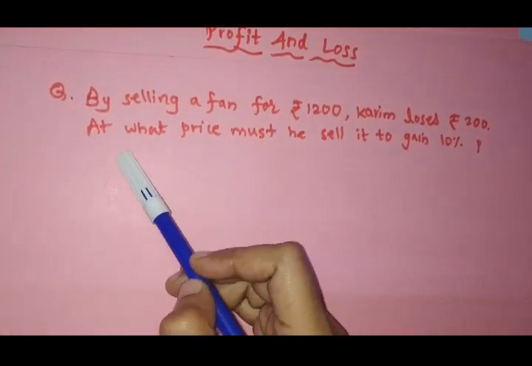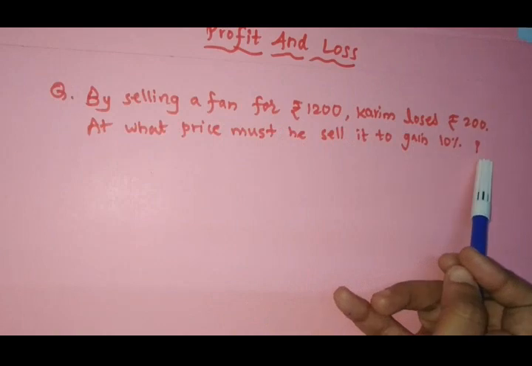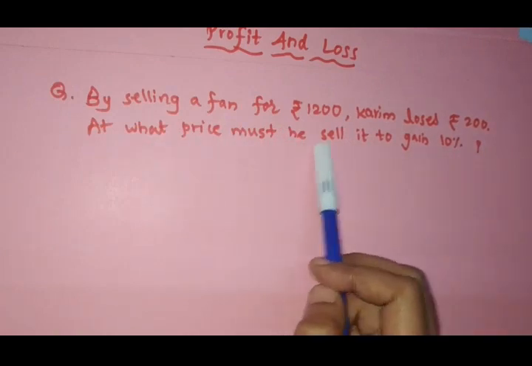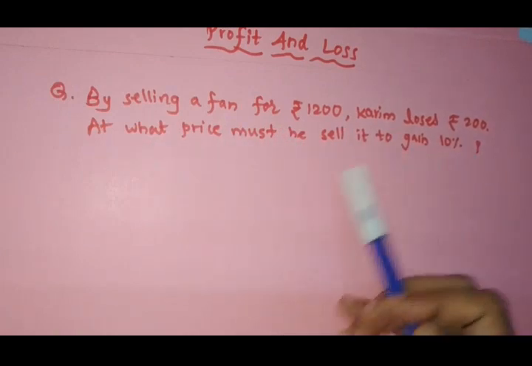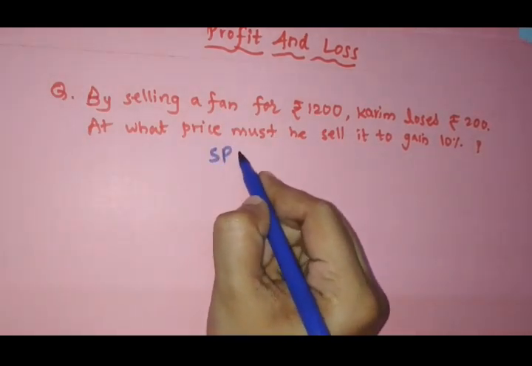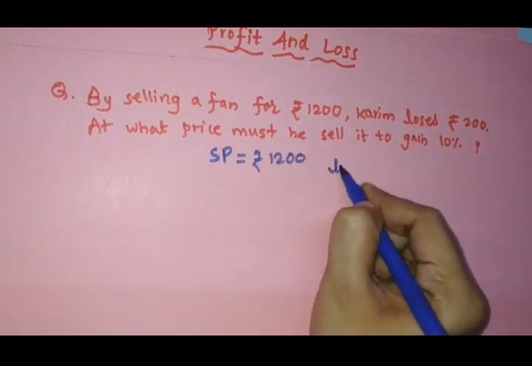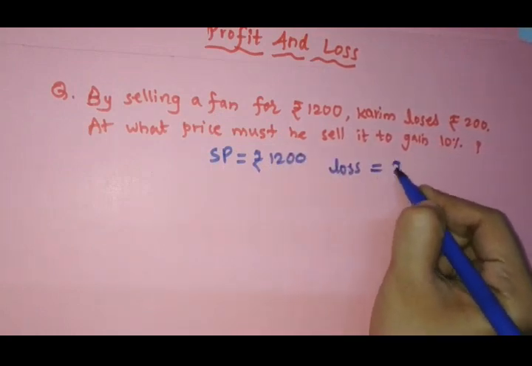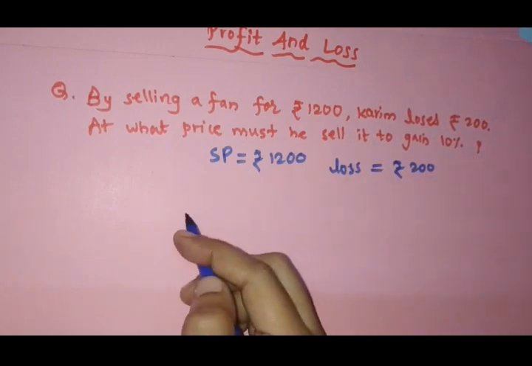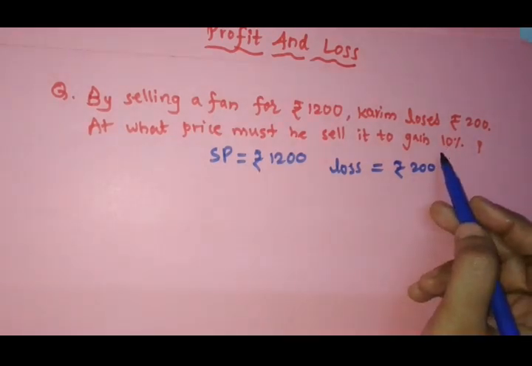So now the next question is, by selling a fan for rupees 1200, Kareem loses rupees 200. At what price must he sell it again to gain 10%? So friends, here the selling price of the fan is given, which is rupees 1200, and a loss is given, which is rupees 200, and we need to find the new selling price so that he earns a gain of 10%.